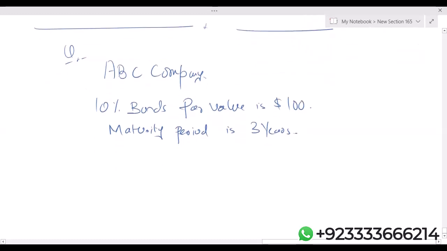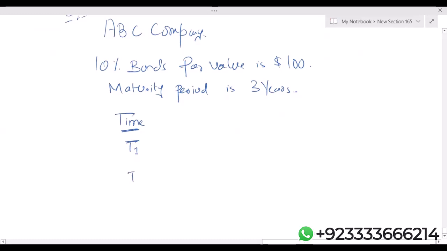Now, the examiner says time T1, T2, T3. T1 means first year, T2 means second, T3 means 3 years. Okay.